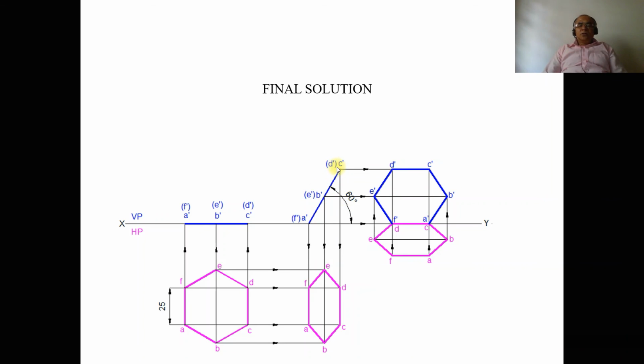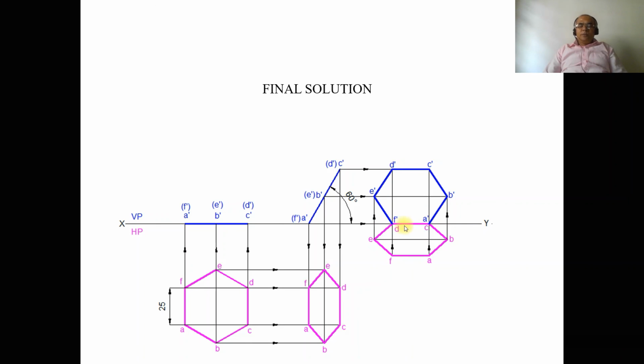Similarly, draw a horizontal projector from C dash and D dash, and draw a vertical projector from C and D. Both these lines will intersect at these points, which are C dash and D dash. Then join A dash to B dash, B dash to C dash, C dash to D dash, D dash to E dash, E dash to F dash and F dash to A dash with a dot line.